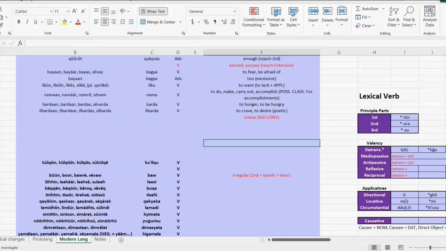Okay, and the last verbs I think I'm going to do for now are for the reflexive and the reciprocal. So you'll recall that we have this detransitive prefix that is simultaneously a mediopassive, an antipassive, and a reflexive.